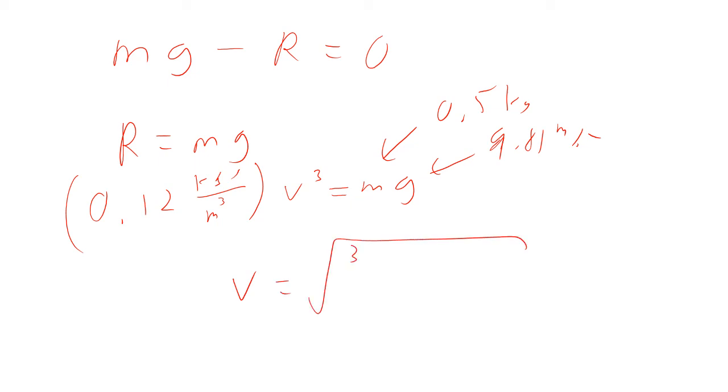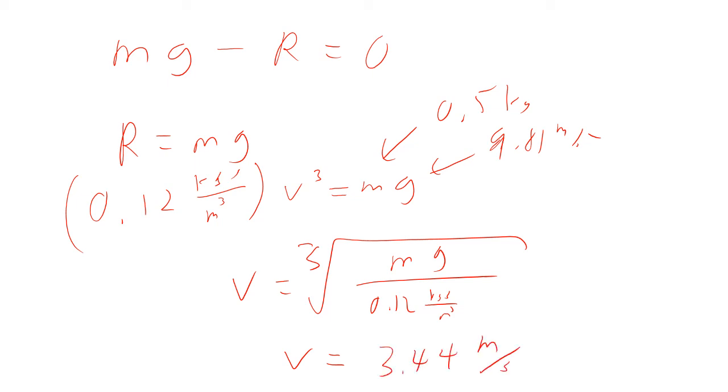This is going to be the cube root of mg divided by 0.12 kilograms second per meter cubed. And so v comes out to be 3.44 meters per second. So that would be the terminal velocity for that particular problem.